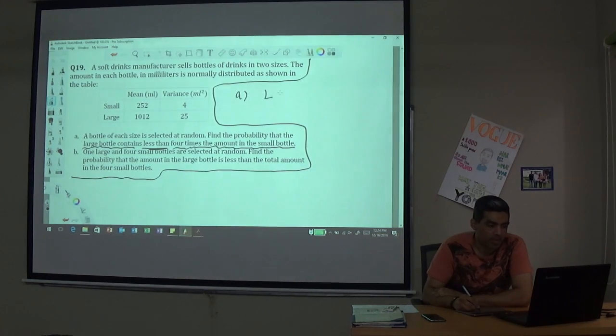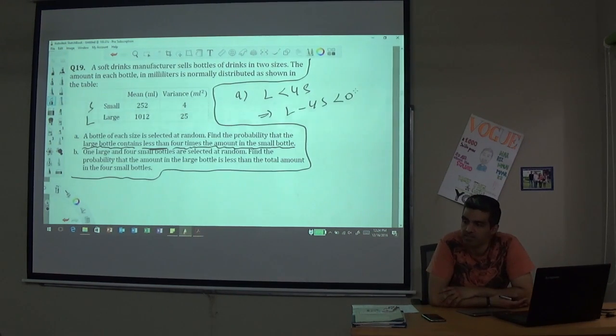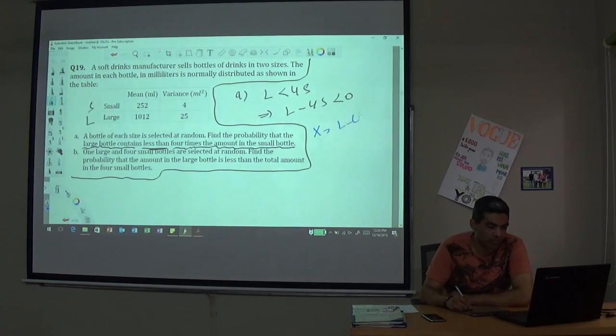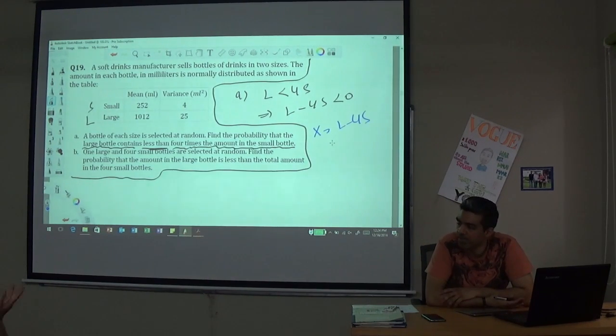L less than 4S. Let S be the random variable for small and L for large. So this implies L minus 4S less than 0. So let's call L minus 4S the new random variable X.